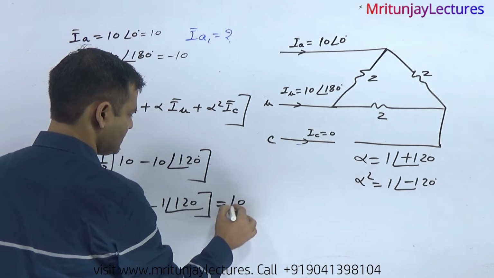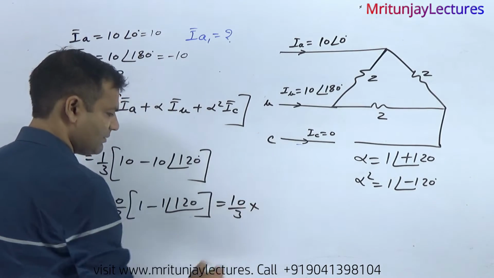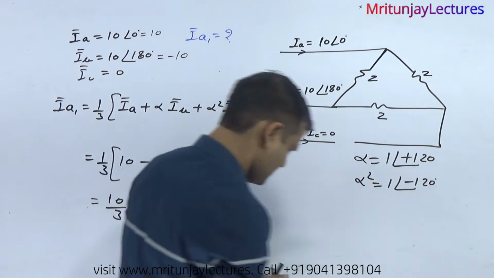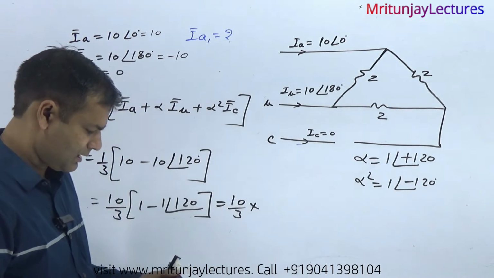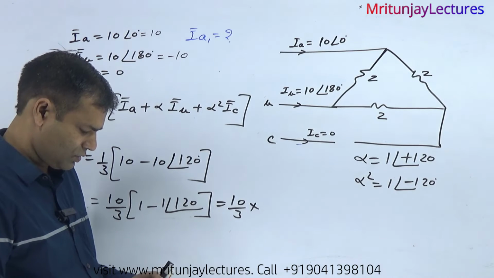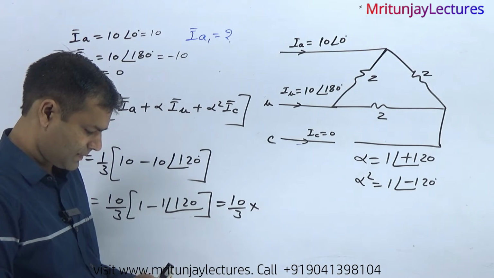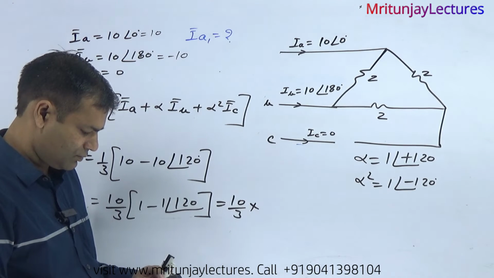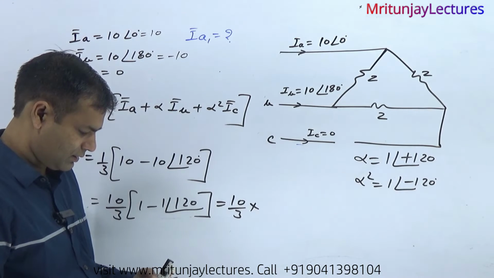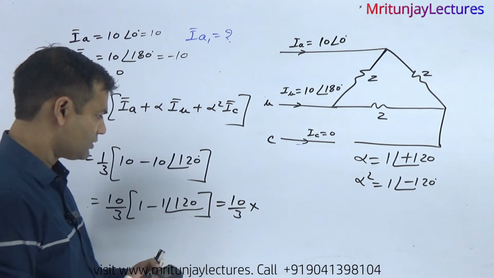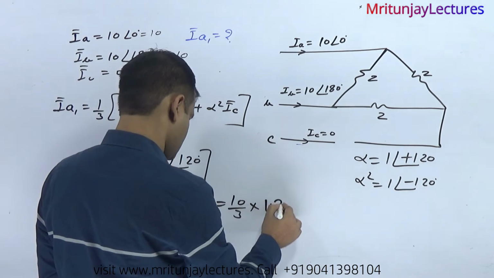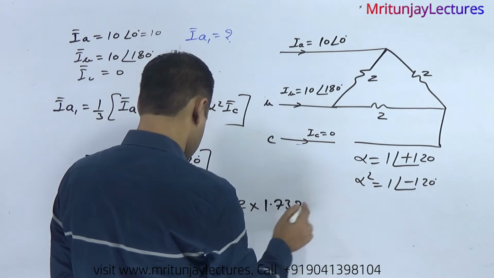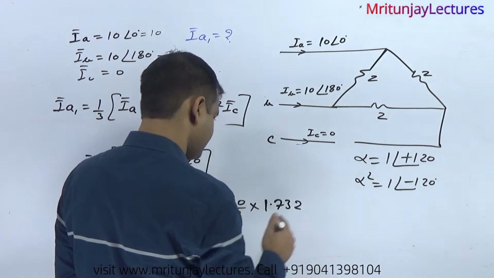So if you solve with the help of a calculator, 1 minus 1 at the angle 120, we got 17.32 at the angle minus 30 degrees.